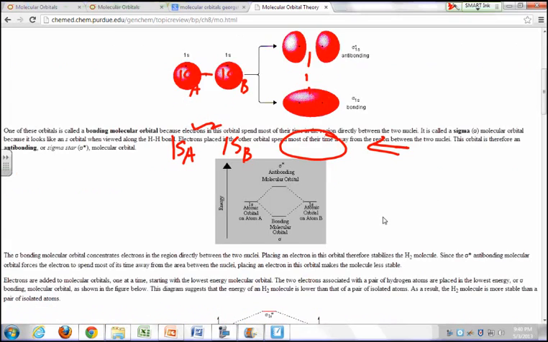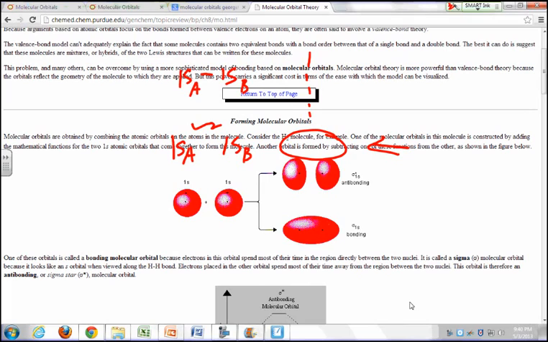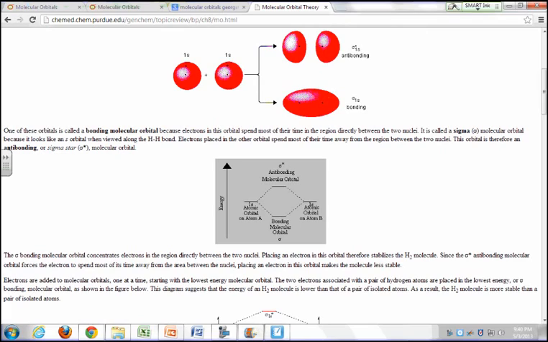Here's a diagram that results from that. The bonding orbital would be lower in energy than the two atomic orbitals, and the anti-bonding orbital would be higher in energy. That's the orbital diagram for that.